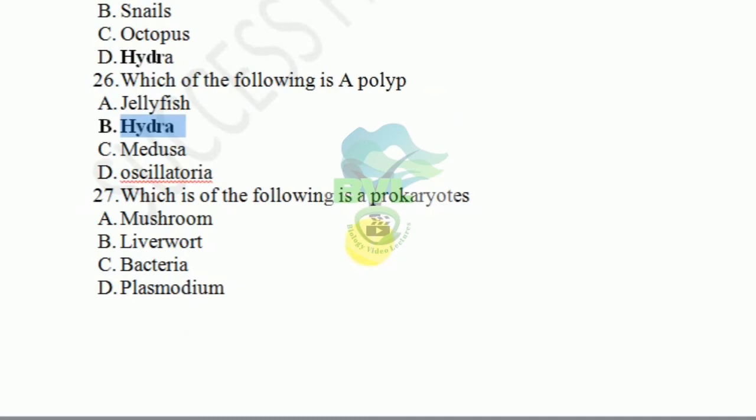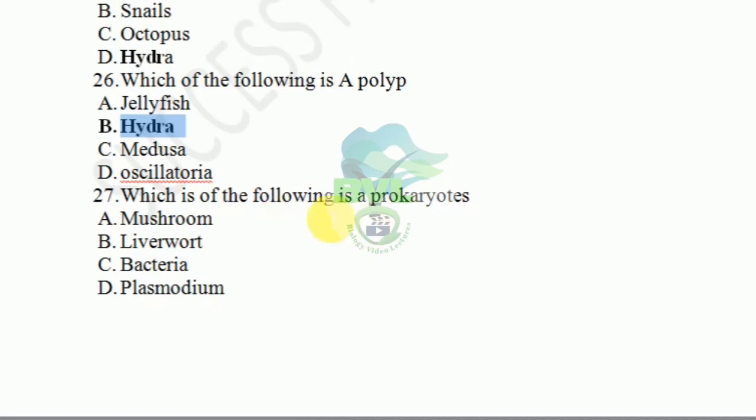Alright, so which of the following is a prokaryote? Prokaryotes are organisms that do not have a well-defined nucleus. It doesn't mean they have no nucleus, so to say. And what do you have in the nucleus? Genetic material. So in their own case, their nucleus does not really have a membrane, so their genetic material is just found in the cytoplasm, and that area where it is found is called the nucleoid, or we can call it the nucleoid zone.